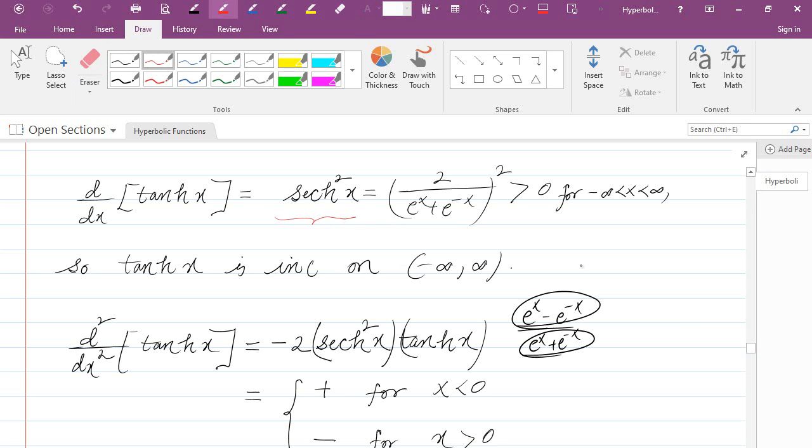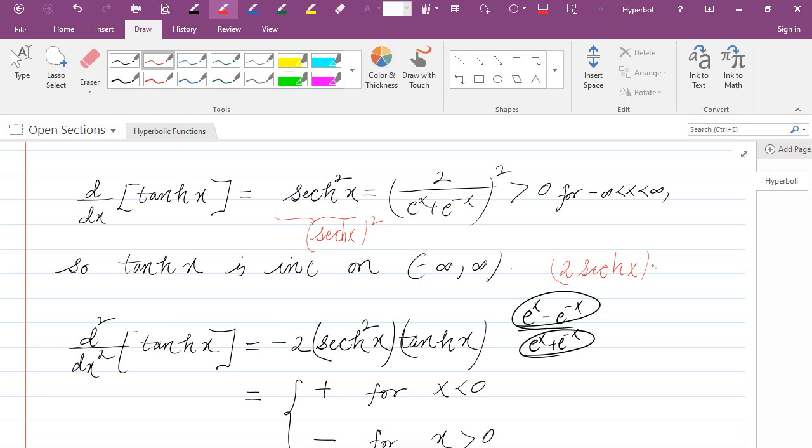By chain rule, we're going to get 2 times the hyperbolic secant of x, and then I have to multiply that by the derivative of the inside, since this function is hyperbolic secant x to the 2, right? So I get 2 hyperbolic secant of x, multiplied by the derivative of the hyperbolic secant of x.